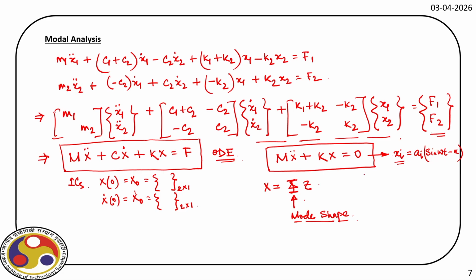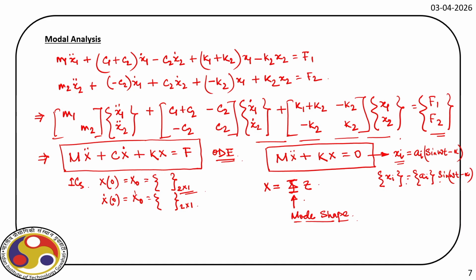So for all i, in our case we have 2 degrees of freedom, so we can write down the trial solution.